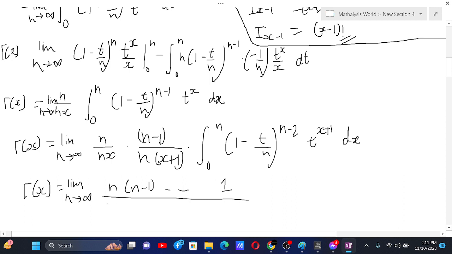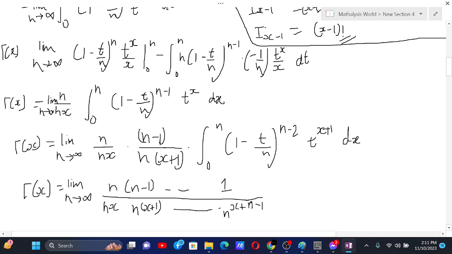In the denominator we will have nx and then n times x plus 1, and when it goes to 1, so this is n minus n minus 1, so we will have n times x plus n minus 1.